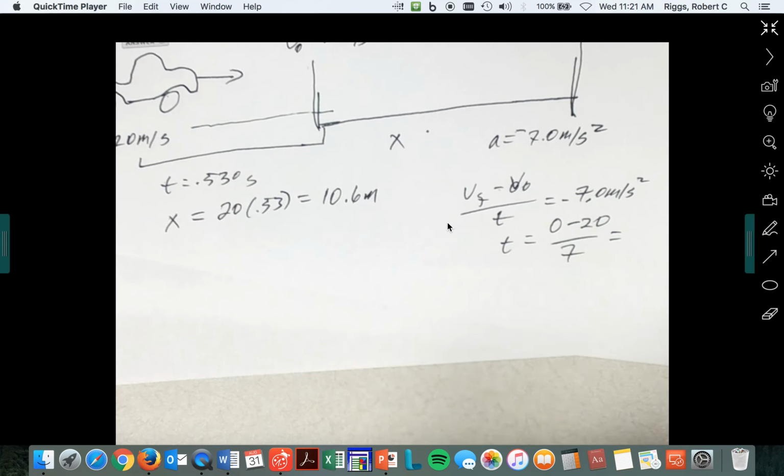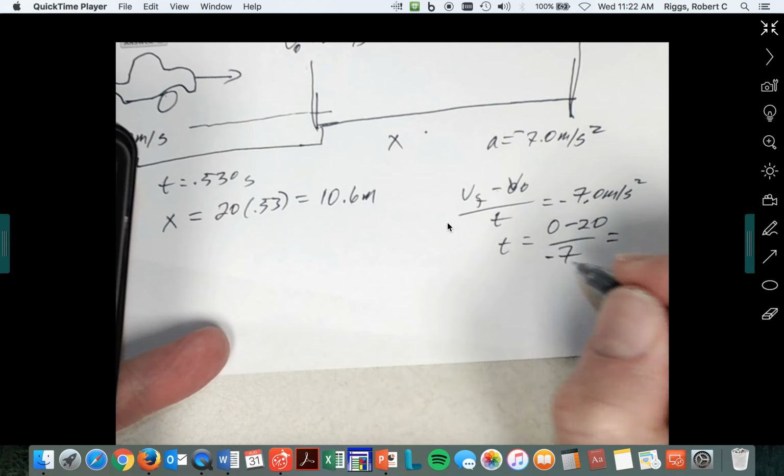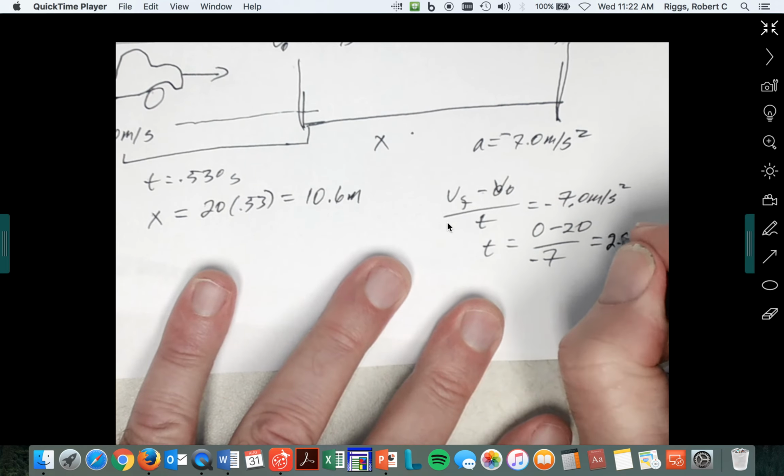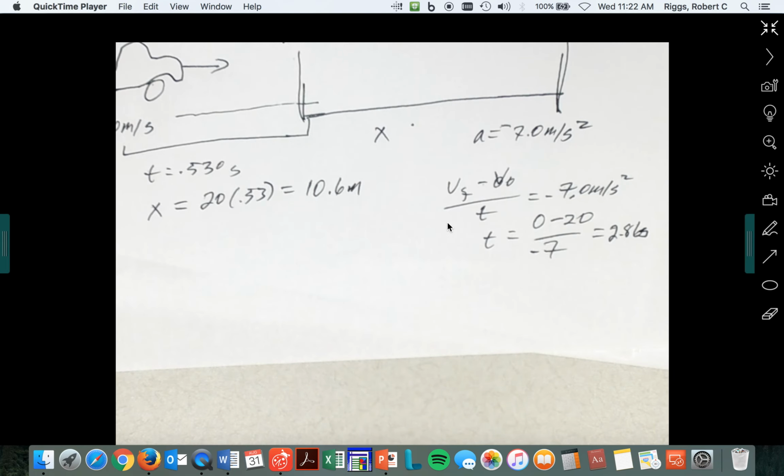So you notice, time is always going to be positive. It's 2.85 seconds. Let's go with 2.86 seconds. That's how long it took him to stop.